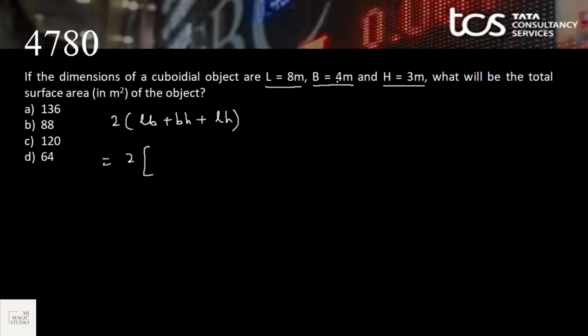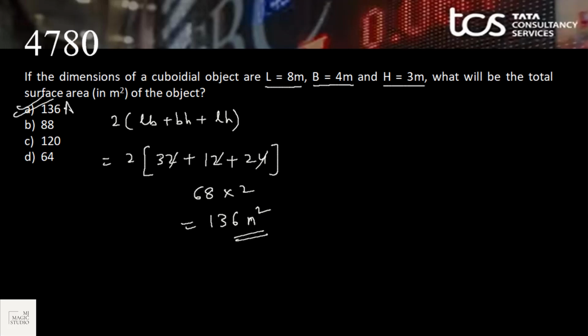That would be 2 into 8 into 4, 32, plus 4 into 3, 12, plus 8 into 3, 24. 32 plus 12 plus 24 is 68, into 2, 136 meter square. Yes, that we have in option A.